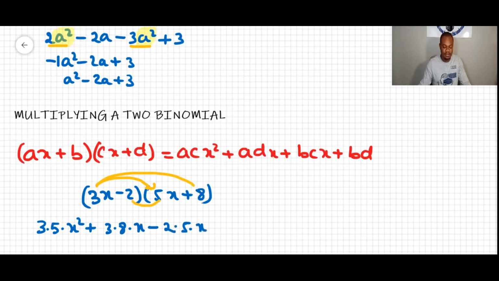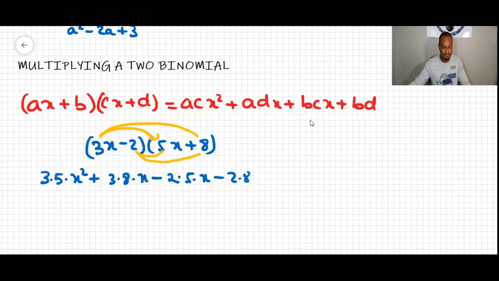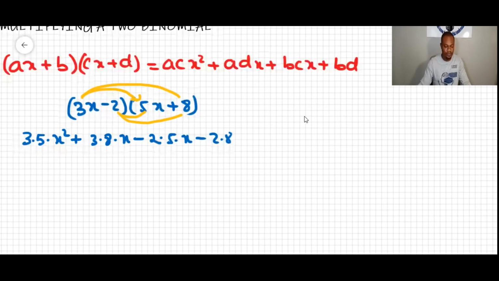And then negative 2 times 8. So that makes negative 2 times 8. So this will be 15x squared plus 24x minus 10x minus 16.